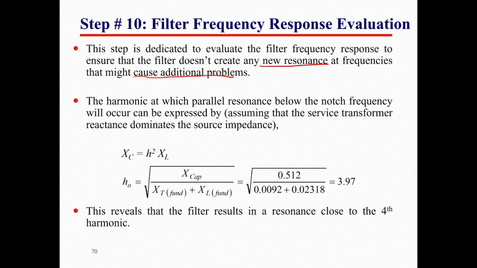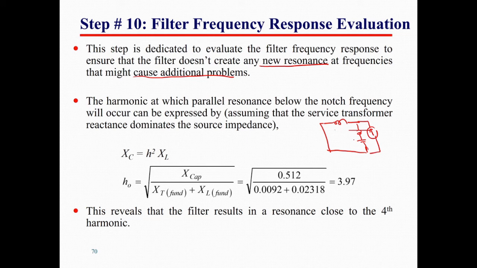Okay, so we should not forget that once we place a filter that consists of a coil and capacitor bank, which is connected with the system, over here actually we have a transformer. We could also have a system impedance. Then this one will be our harmonic equivalent circuit.